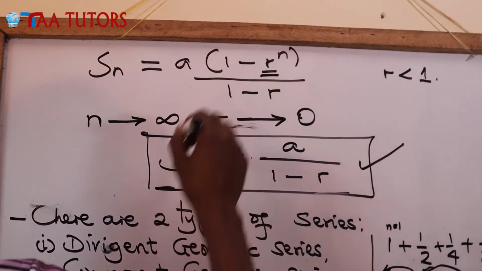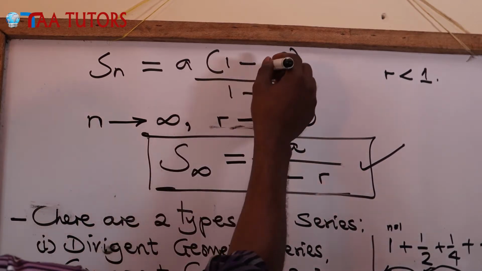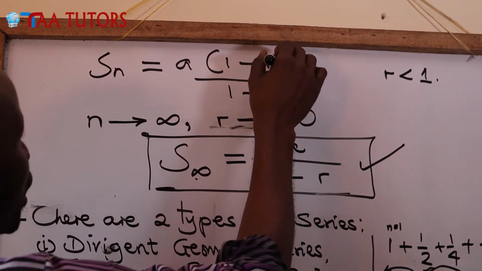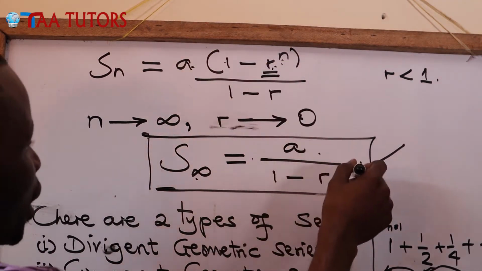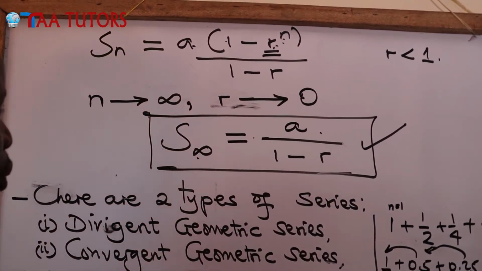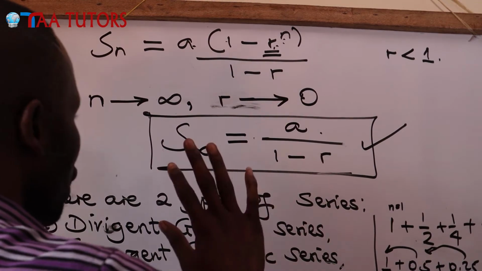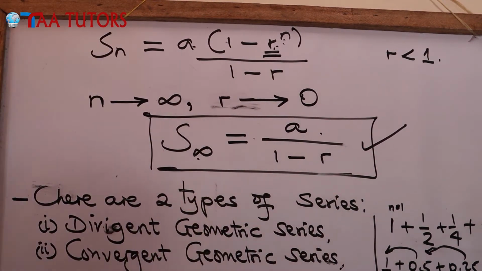As r approaches 0, because n is tending to infinity, this term becomes 0, and we have the sum to infinity. When it is 0, 1 minus 0 is 1, times A. We have A divided by 1 minus r, and that's the formula we're going to use to get the sum to infinity of a convergent geometric series. So in terms of sum to infinity, we are not going to talk about divergent anymore.